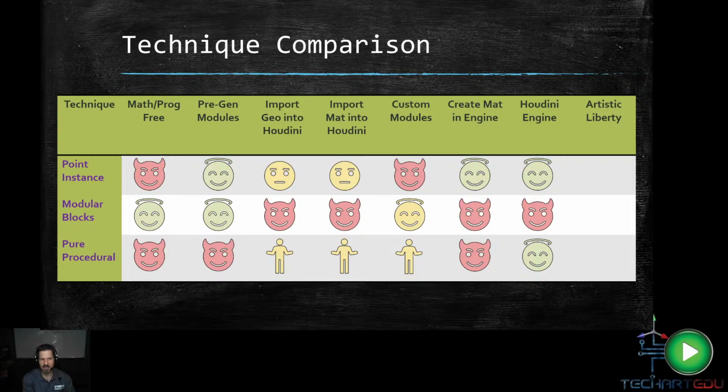Now, what about artistic liberty? Yep, you guessed it. Purely procedural is going to win in that category, and it is the tops. You have the greatest amount of freedom, you have the greatest amount of control, and you're not limited by anything other than your creativity and probably your math and your programming skills. Yeah, okay, point instancing and modular blocks, you're going to have to sacrifice something.